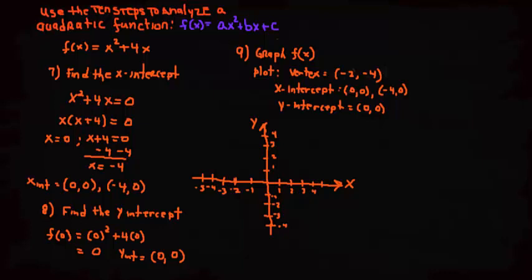So let's use this color, and we're going to plot the vertex -2 on down to -4, which is right here.